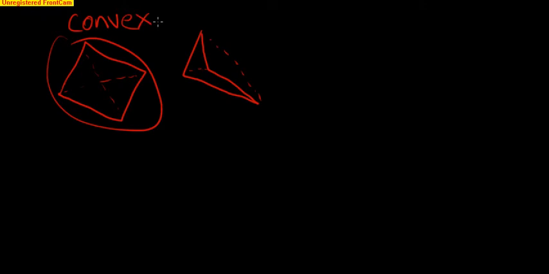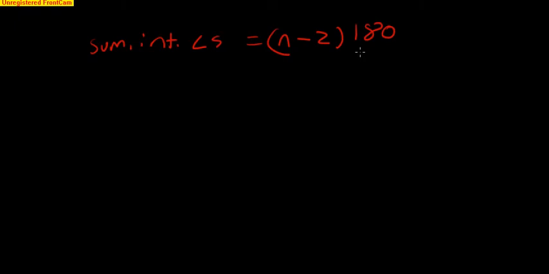And remember, a polygon is pretty much just that. So let's go ahead and take a look. We know that the sum of the interior angle measures is equal to n minus 2, where n is the number of sides, times 180 degrees.